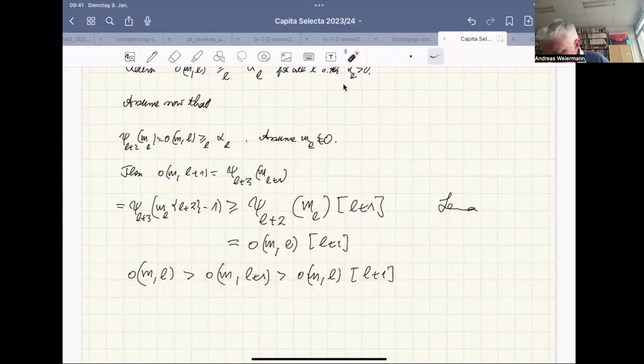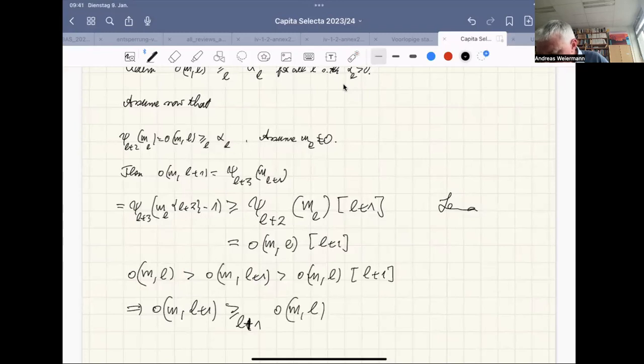So what does this mean? This means O of L plus 1 steps down along 0, hence it steps down along L plus 1. We finally hit O of L of L plus 1.